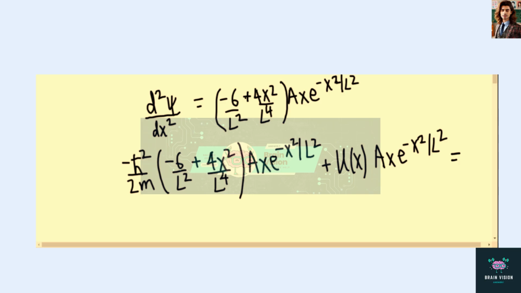And this is going to equal 0 because remember the total energy E was equal to 0.